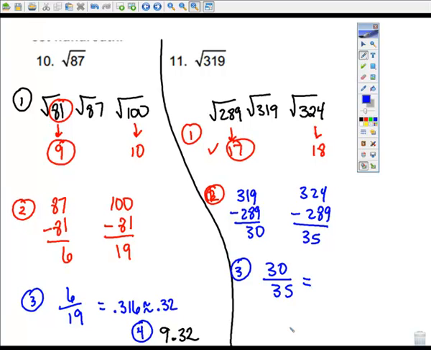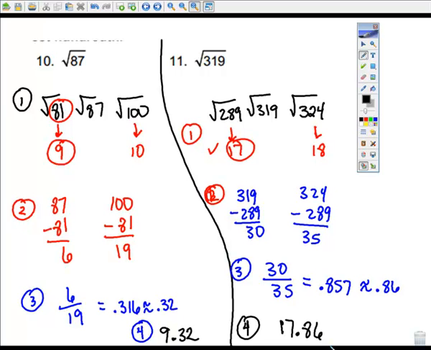So 30 divided by 35 is 0.857 approximately. So I would round that to 0.86. And step 4, my whole number is 17 and the decimal approximation is 86 hundredths. So the square root of 319 is approximately 17 and 86 hundredths.